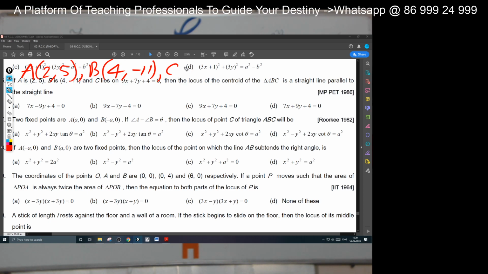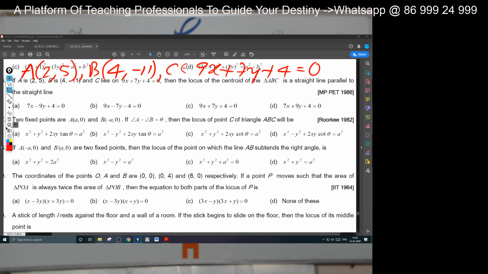You can try that. Then the locus of the centre of the triangle ABC is a straight line parallel to the straight line. Okay? Little different problem. We have to accept.